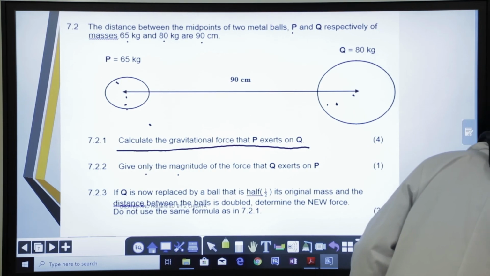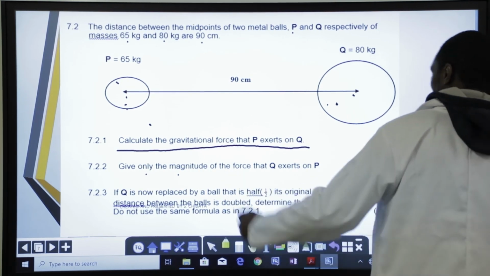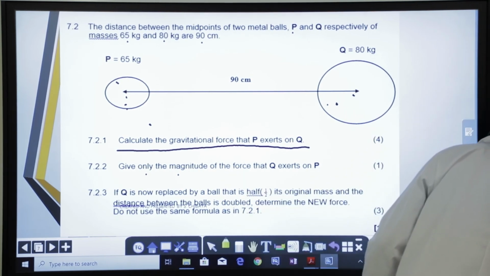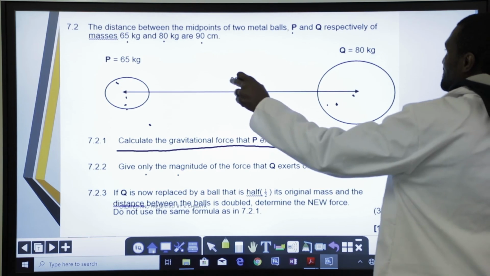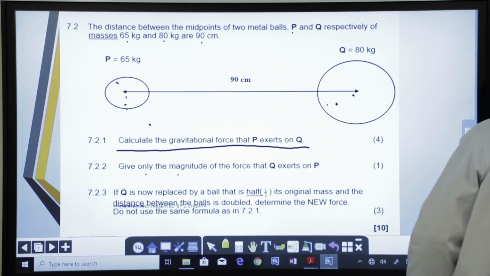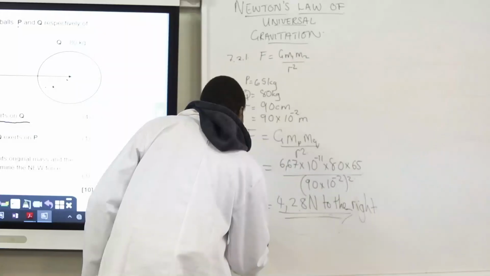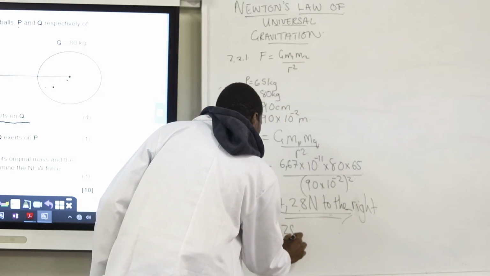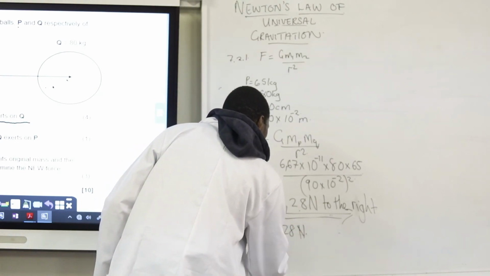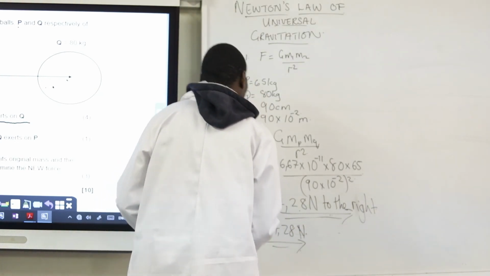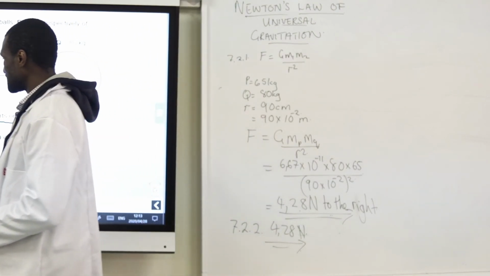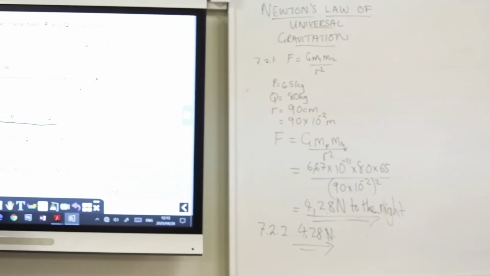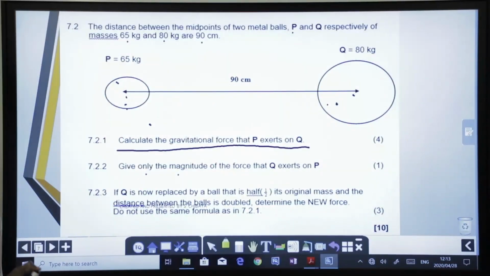So the magnitude of the same force that Q exerts on P is the same force that P exerts on Q. 7.2.2. Our answer is 4.28 newtons. The answer is 4.28 newtons.